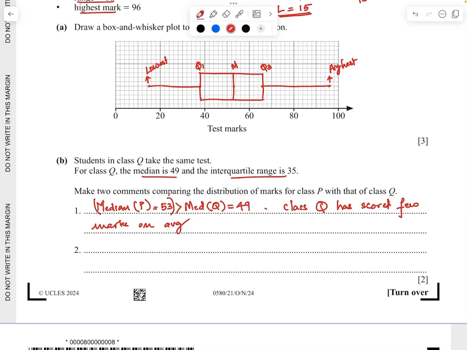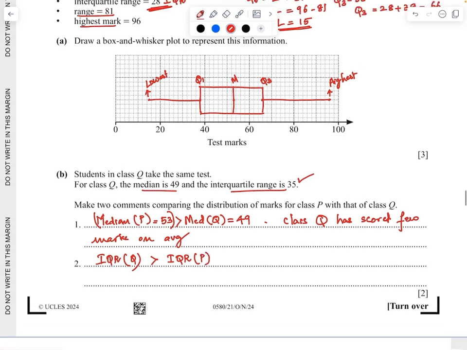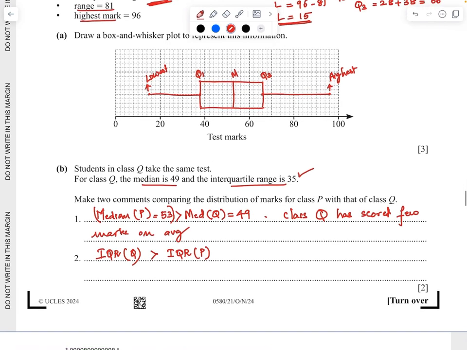Then the second point to compare is the IQR. IQR of Q is 35. This is greater than the IQR of P, which is 28.